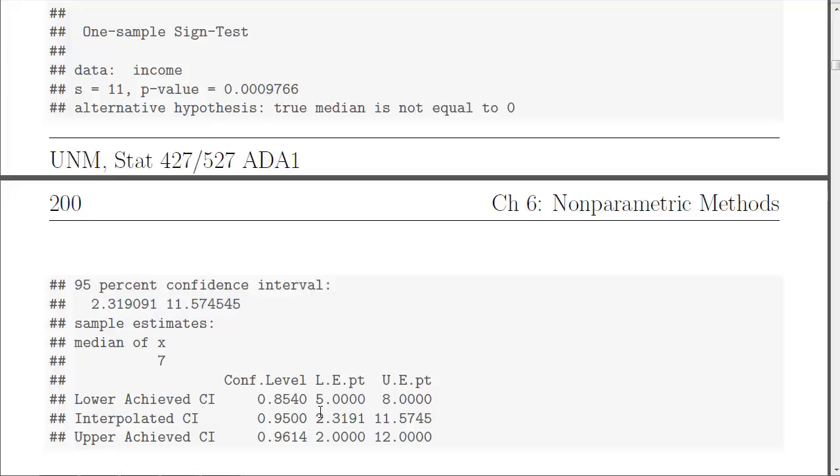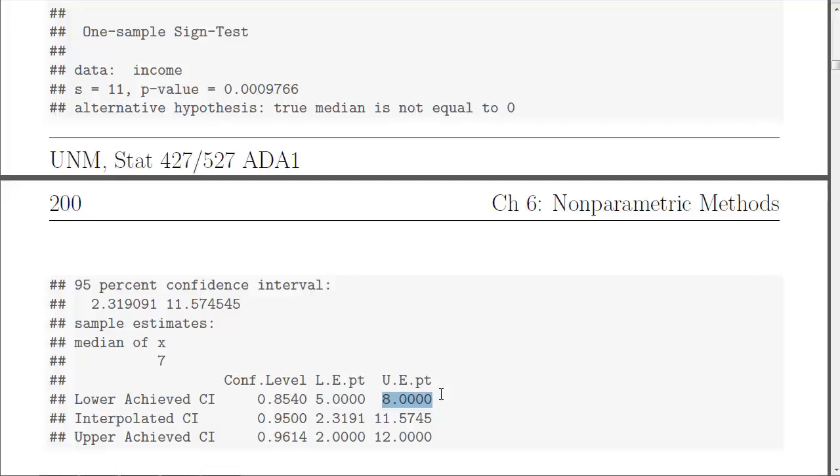Okay, so why do we have 3 of these output? It's because based on 1 in 12 and the way we calculate bounds for our confidence interval, we have discrete confidence levels that can actually be computed directly from the data. For example, a lower achieved confidence interval of 85% goes between the observation we saw in our data, 5, to another observation we saw, 8.